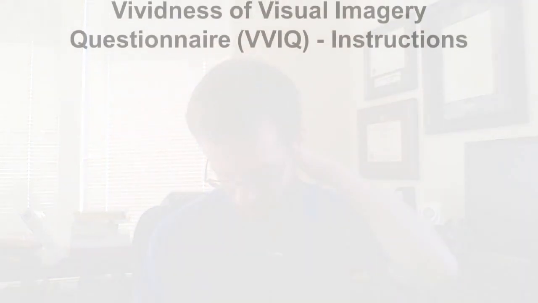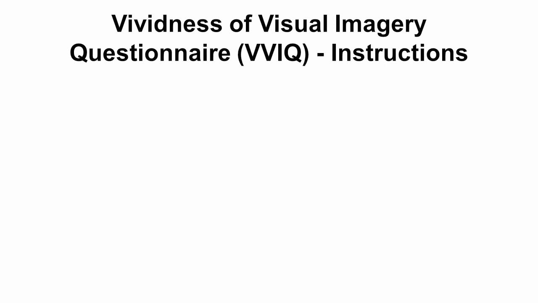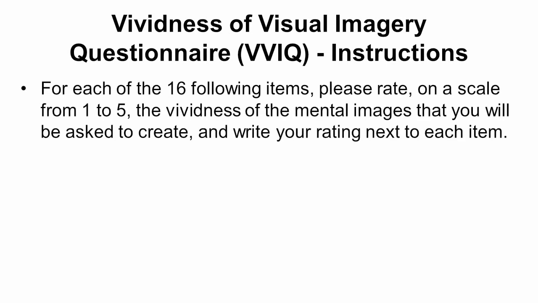So this is the Vividness of Visual Imagery Questionnaire, or the VVIQ, and this is something I would give to all my participants. So if you would like to see how good your visual imagery is, then you can participate.